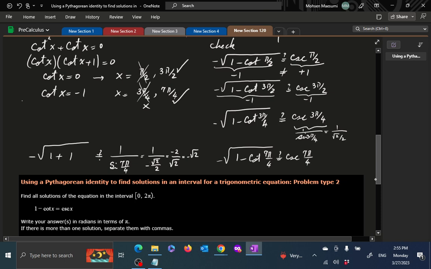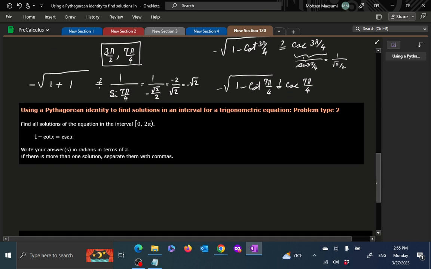So 7 pi over 4 also passes the test, and 3 pi over 2 and 7 pi over 4 are the two numbers that are passing the test. When you see that both sides have the same sign, that's a good indication that that's a correct acceptable answer. And here that was the same criterion by which we rejected the answer.